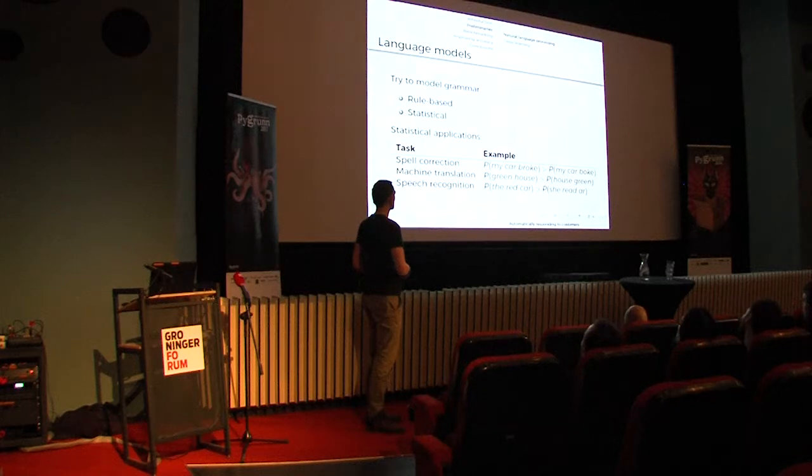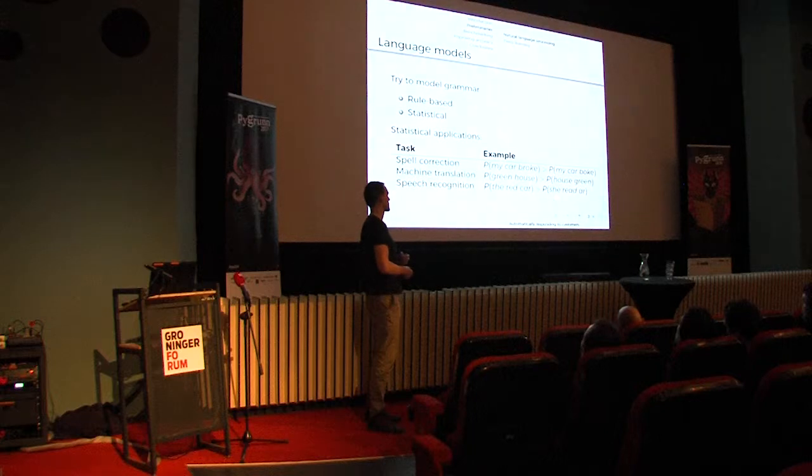For machine translation, if you are generating a sentence, let's say you read German and you're trying to generate English, do you have to order it in this way? Do you say "the green house", or do you say "the house green"? Well, probably, again, "the green house". And for speech recognition, you can apply the same thing: instead of somebody saying "she read R", the person probably means "the red car".